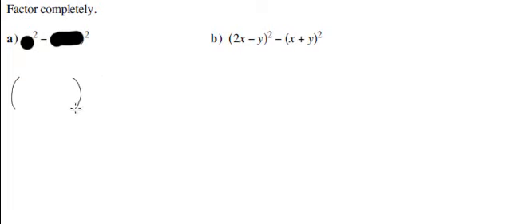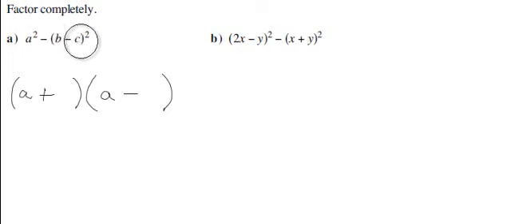Just like any other difference of squares, you put in two sets of brackets. One gets a plus, and one gets a minus. It's just the things that go into these spaces are going to be a little more complex than we're used to seeing. The first thing was a squared. Its square root is a, so that goes in the first places. Easy enough.